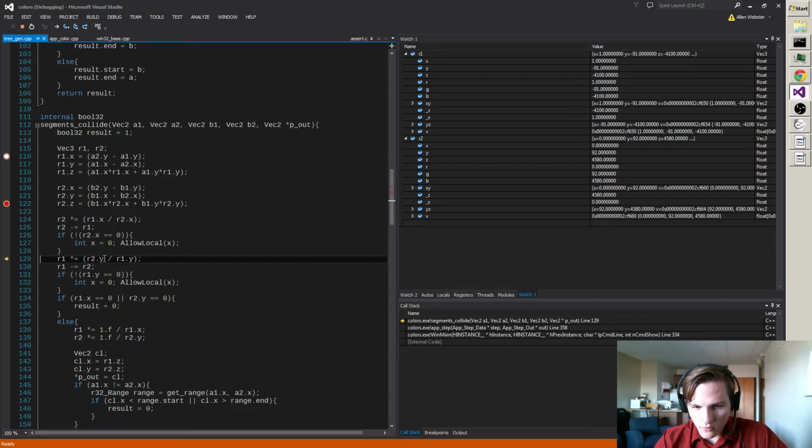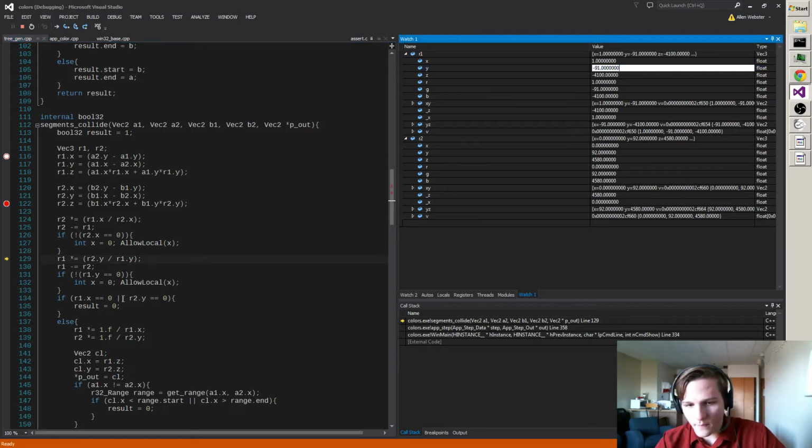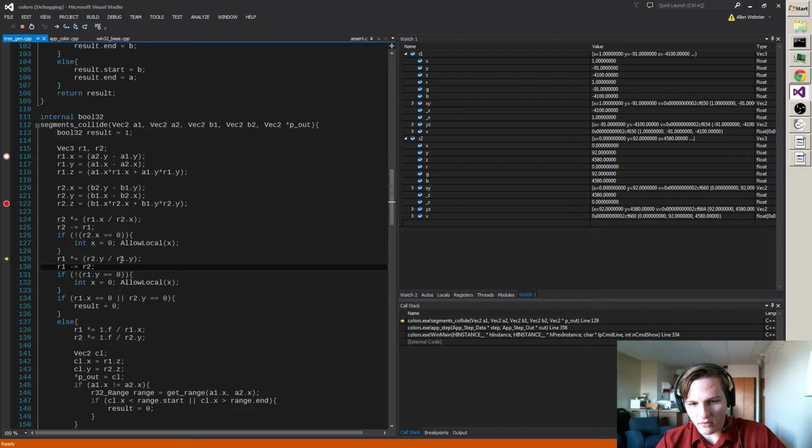So negative 91, 92. Yes, so that makes sense that you'd get something only close to what you wanted, because you divide that by negative 91. Now, what I could do that probably has better results is to apply that as two separate steps. So maybe I'll do that. I was trying to avoid that because if I apply this as two separate steps, that's two divisions and then two multiplications, whereas this makes it one division and a few multiplications.